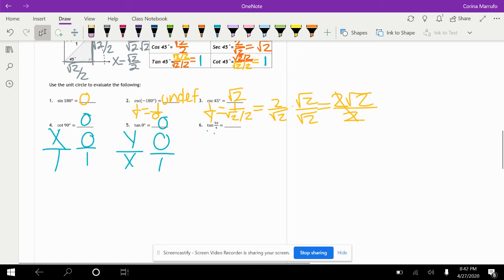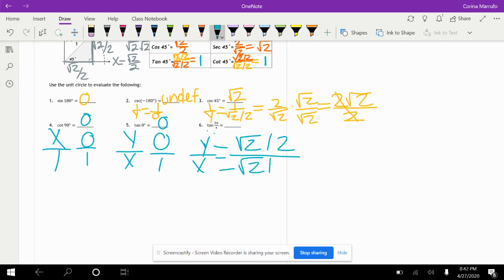On here, our y value is, I forgot to write it down, the square root of 2 over 2, and our x value is the negative square root of 2 over 2. So be careful that you do not forget the sign. When you take a positive and divide it by a negative, it's going to give you a negative. And when you divide something by itself, it is going to give you 1. So that completes this one.